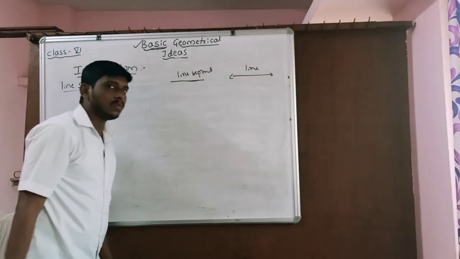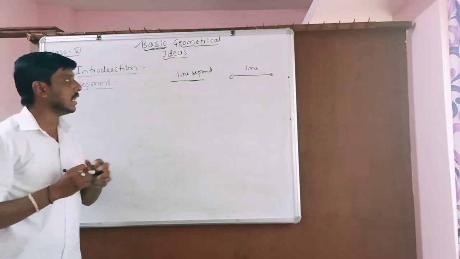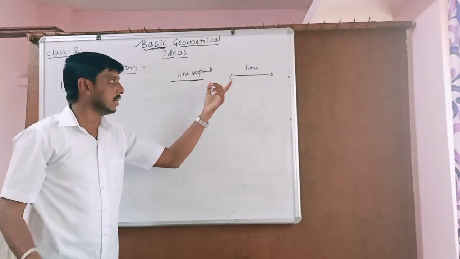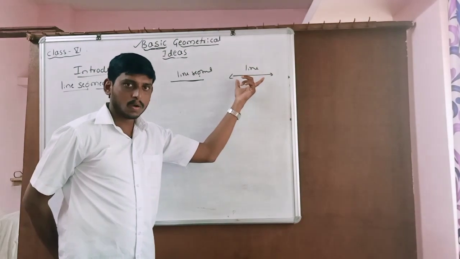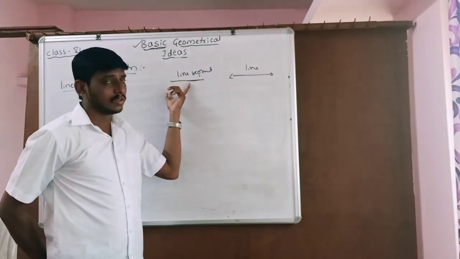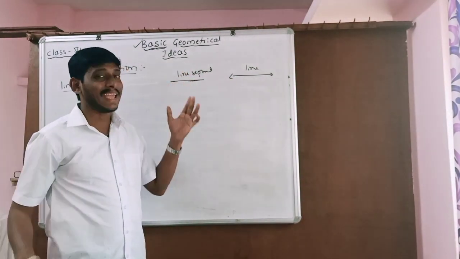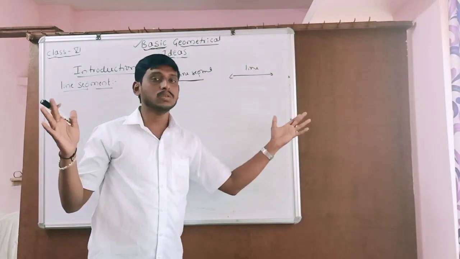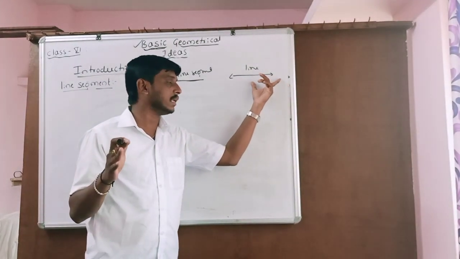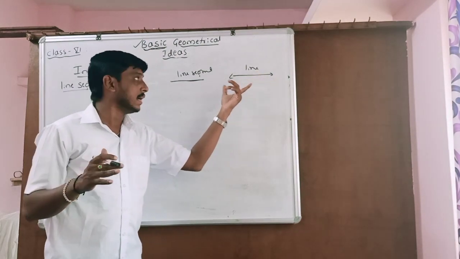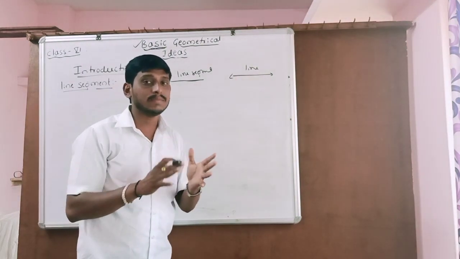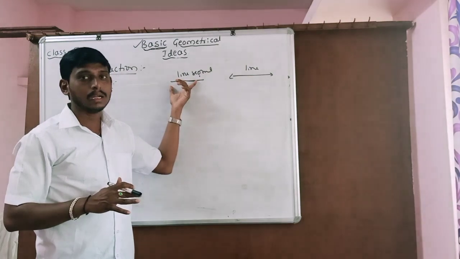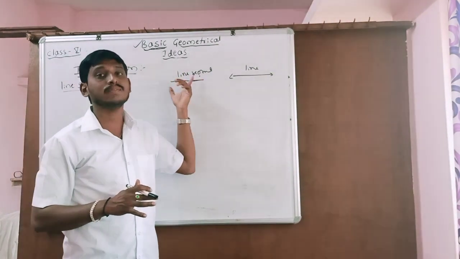Can you tell the difference between a line and a line segment? A line is a series of points. A line segment is also a series of points, but it has two exact endpoints. A line can be extended on both sides, meaning it has no endpoints. It has a length but not a definite one. A line segment has a definite length.